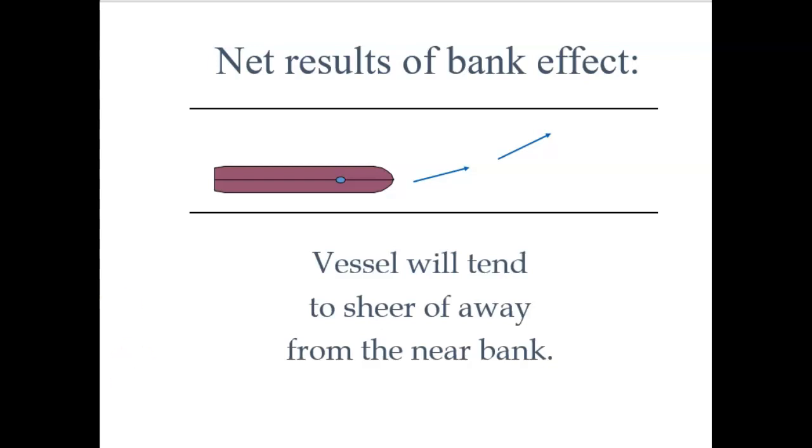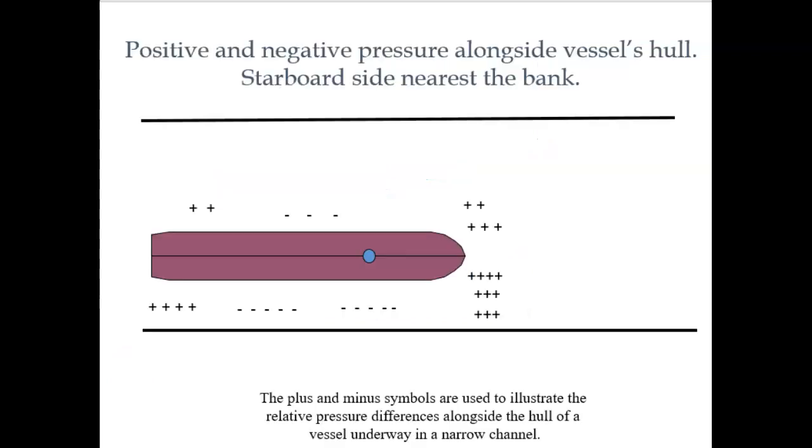Now we're going to get into what's happening here. So here's that ship, which is not on the center line of the channel, and there's positive and negative pressures alongside the vessel's hull. I've indicated those by either a lot of positive pressure, or a little bit of negative pressure, or even more negative pressure. And here's the stern wave back here. But notice the imbalance because we're not in the middle of the channel.